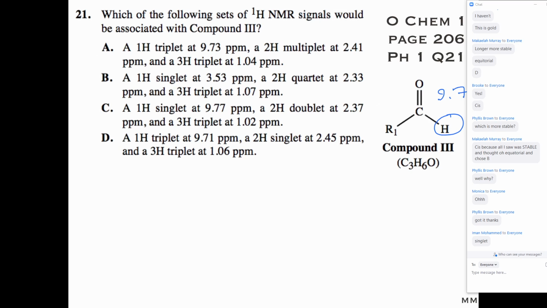And this is where it gets messed up. So instincts would say singlet because it looks like it's isolated by a carbonyl. But I actually want you to draw this out in a weird sort of way. Let's say something like that. Do I have an H on this carbon next to a carbon that has H's?